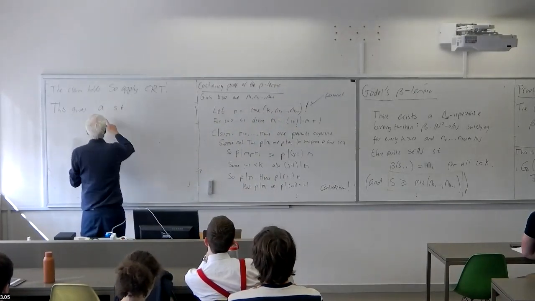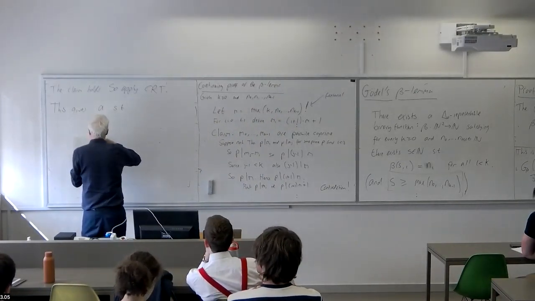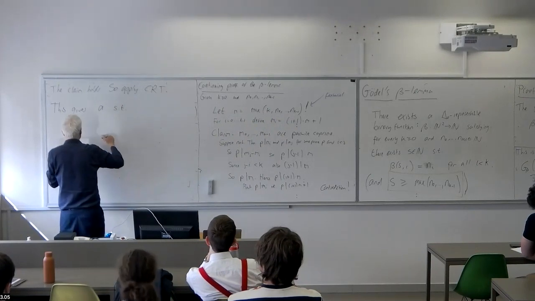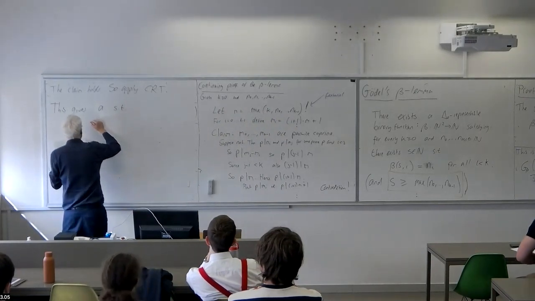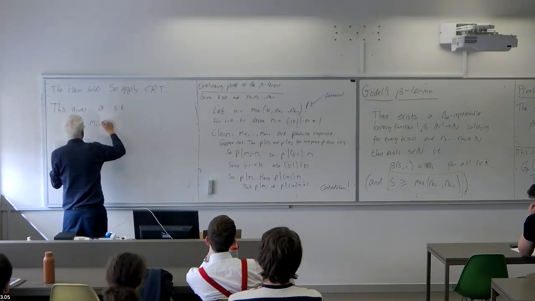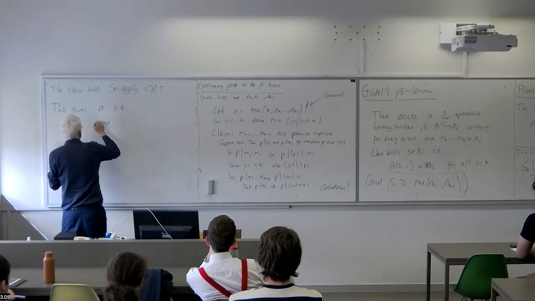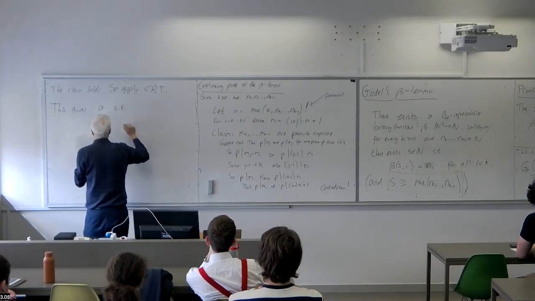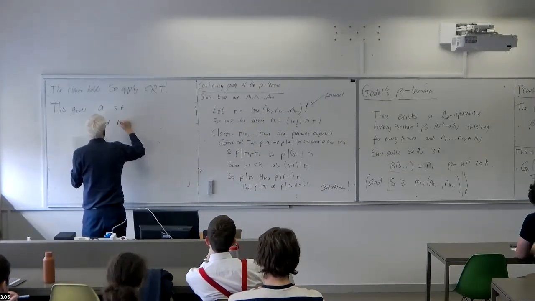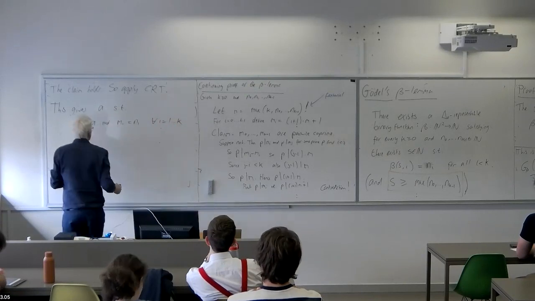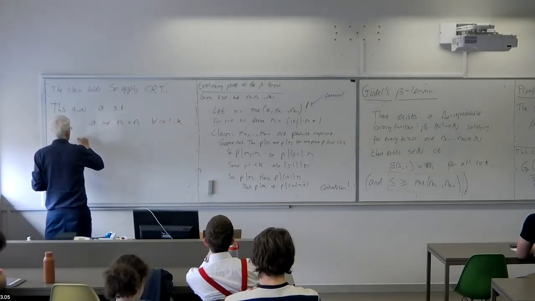So the Chinese remainder theorem gives us an A such that A mod mi equals ni for all i less than k.